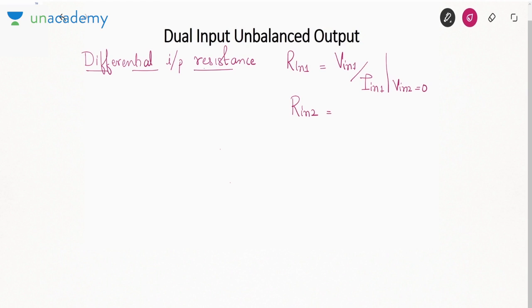Or at the second terminal also you can find V in 2 by I in 2 when V in 1 is 0. So you can say it is the resistance seen from one terminal when the other terminal is grounded. That is called the differential input resistance. Suppose I want to derive this resistance, so I am again drawing the AC model.